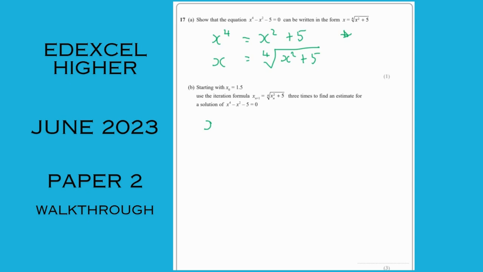Next, this is where you need to learn how to use the ANS button on your calculator. If you don't know how to use it, you're missing a massive advantage. So you can put the fourth root, open brackets, x squared plus 5 or 1.5 squared plus 5 in your calc. Depends on how you feel about using the ANS button.